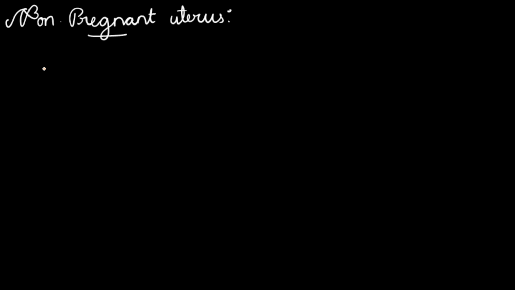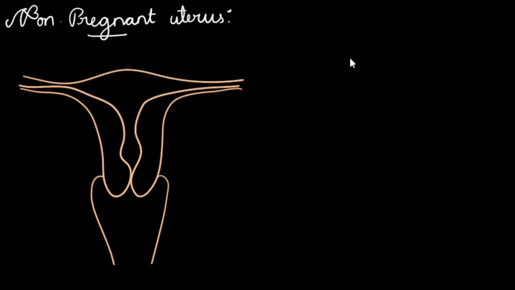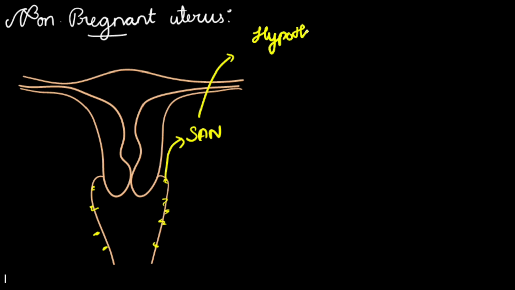Now regarding the action of oxytocin on the non-pregnant state of the uterus. What happens during sexual intercourse? There is receptor stimulation from the vagina, and this stretch stimulation is passed through the somatic afferent nerve towards the hypothalamus, where both nuclei, the paraventricular nuclei and supraoptic nuclei, start secreting oxytocin.